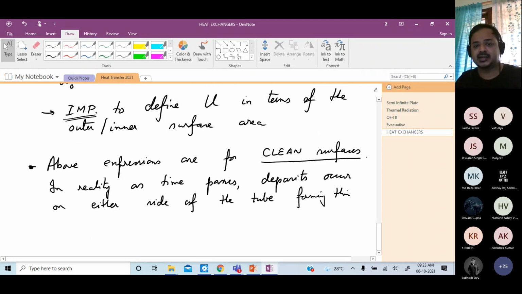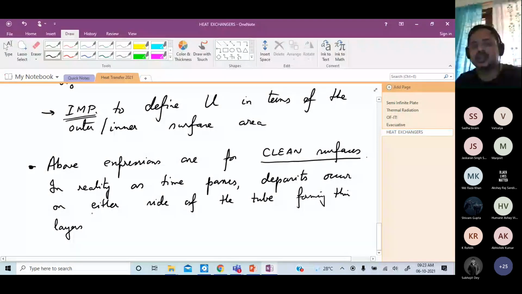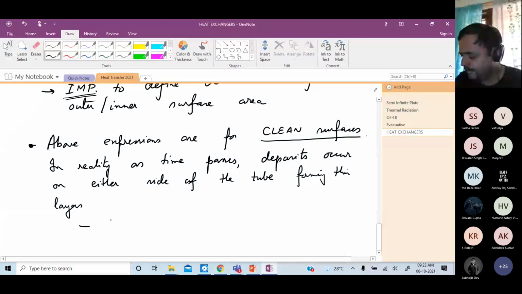It is called scaling. Sometimes you use certain chemicals if they're really stubborn deposits. From the thermal point of view, these introduce additional thermal resistance.